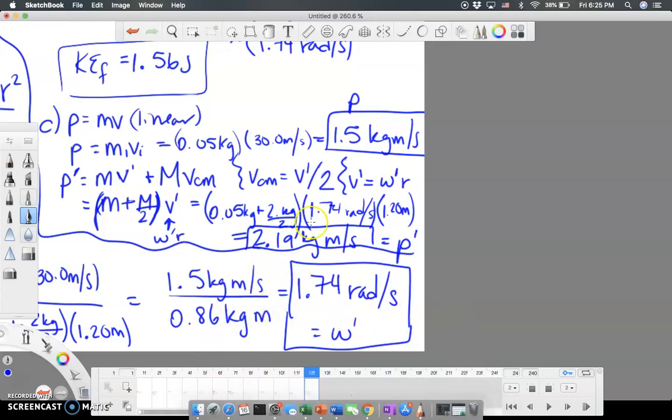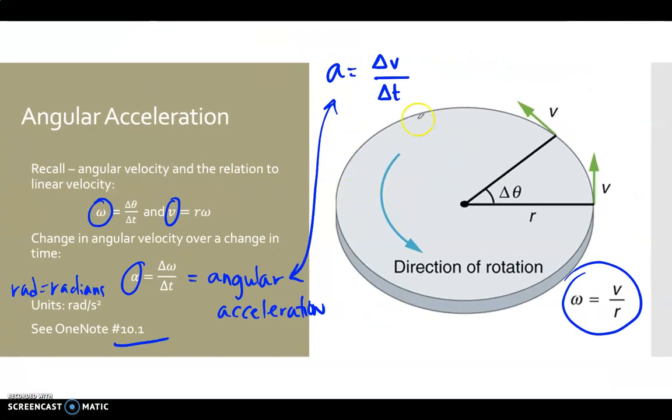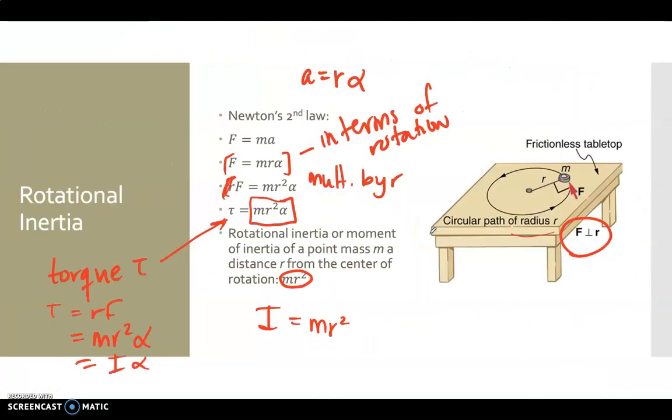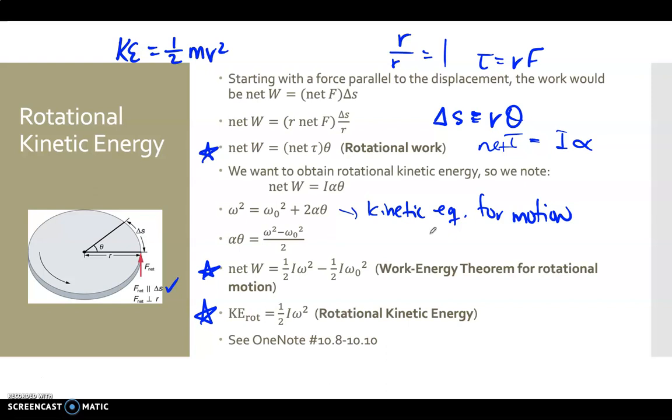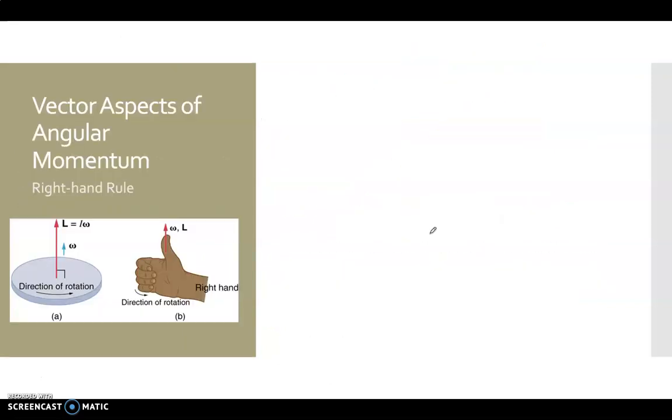All right, so let me go back to our PowerPoint here and give you guys a tiny bit more information on angular momentum. Angular momentum does have a vector aspect, so when we write down our L, it should be some kind of vector as well. That's because it is based on our angular velocity, omega, which is also a vector quantity.